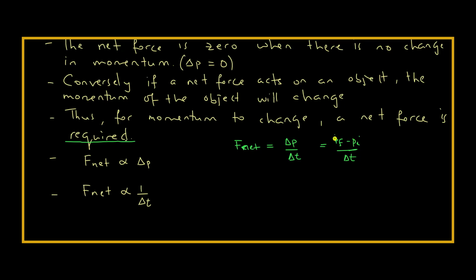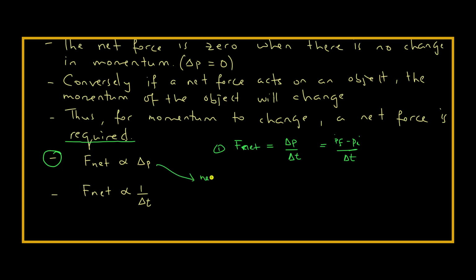If these two values are the same, then we're going to have a 0 change in momentum, and if we divide by time, we'll also get a 0 net force. Then your object will remain at rest, or it will keep on moving at the same speed in a straight line.